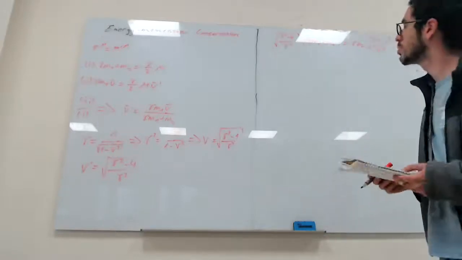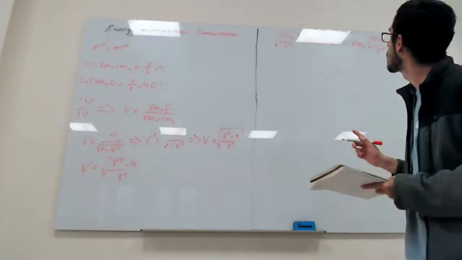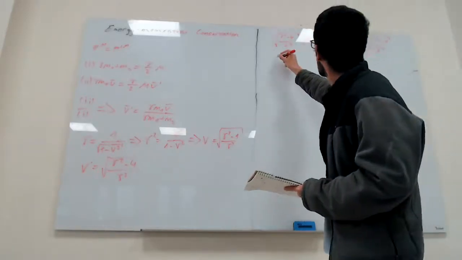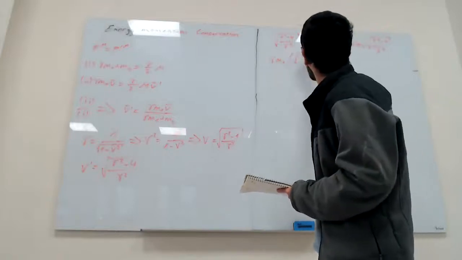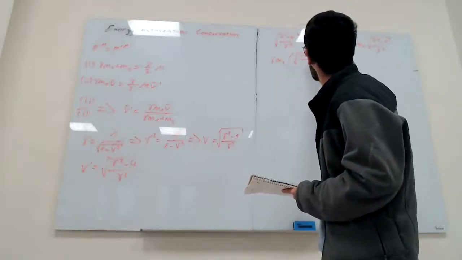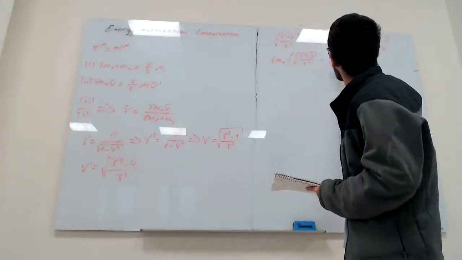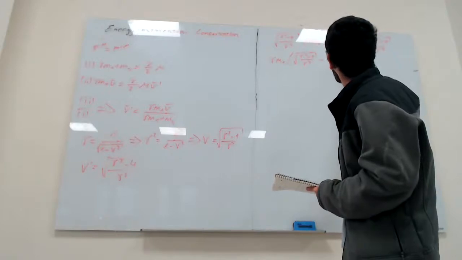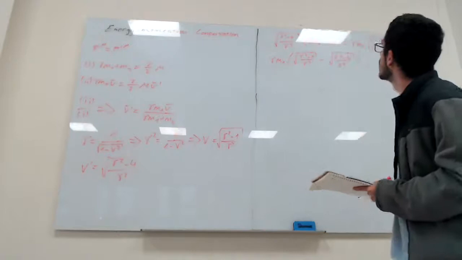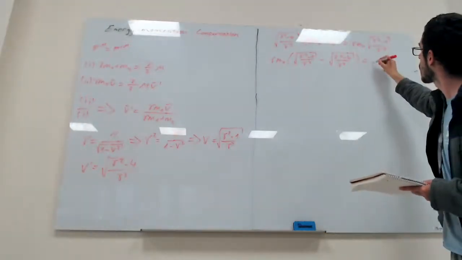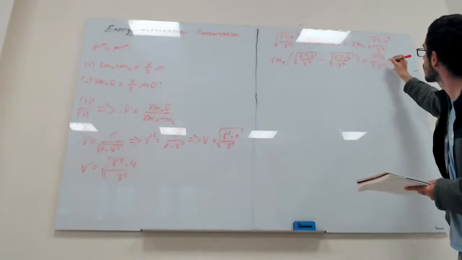Now we want to write: gamma m1 times (gamma squared minus 1 over gamma minus gamma squared minus 4 over gamma squared) equals gamma squared minus 4 over gamma squared times m2.